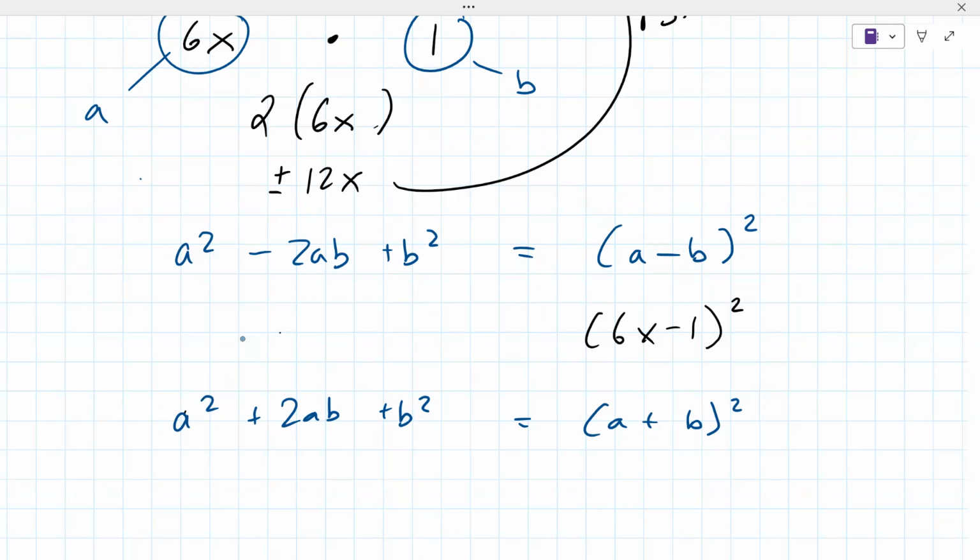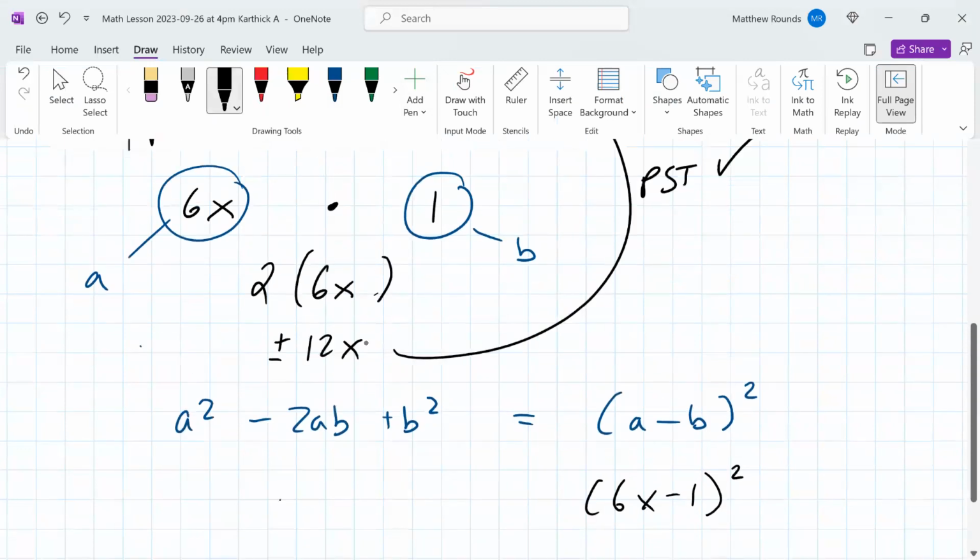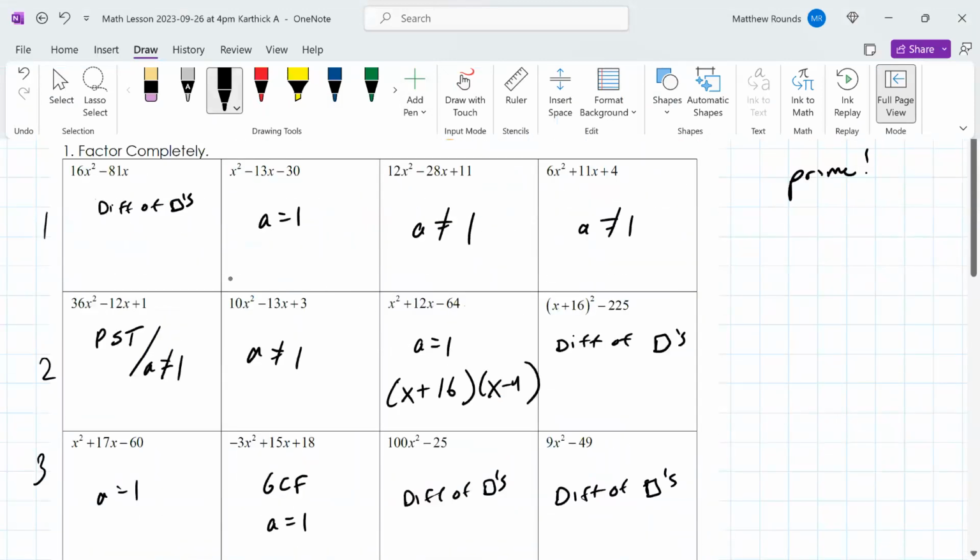Got it. Okay, so go back to that list here. Do you see another one you want us to look at? Why don't we look at row 2, column 2, 10x squared minus 13x plus 3.